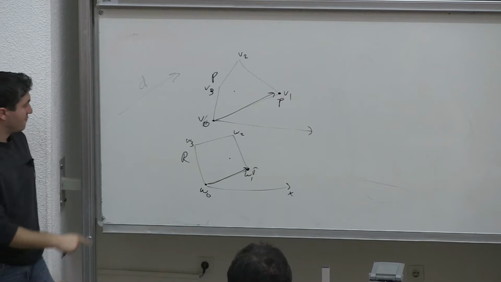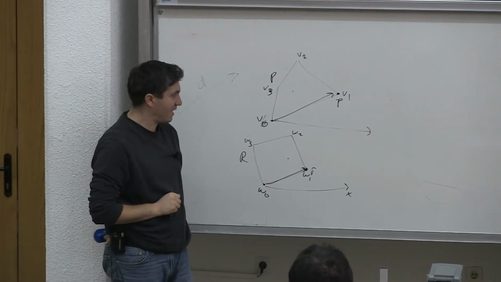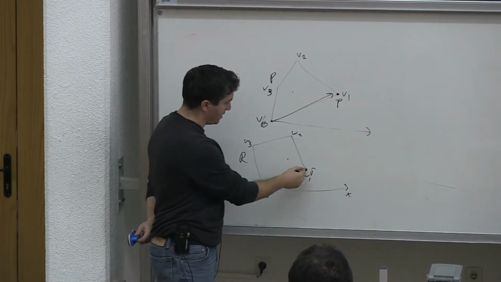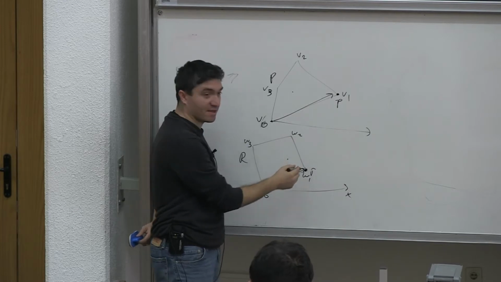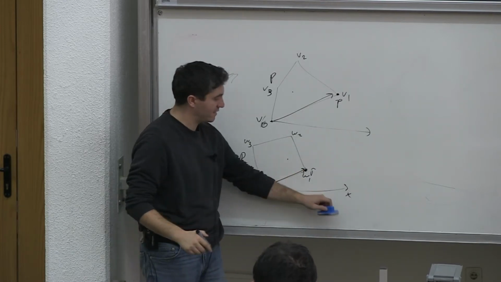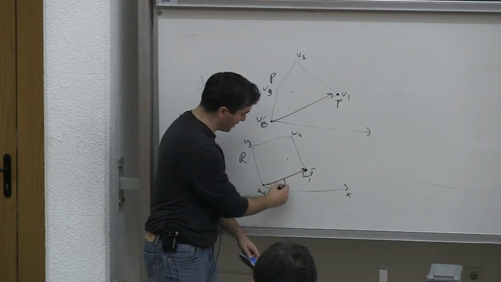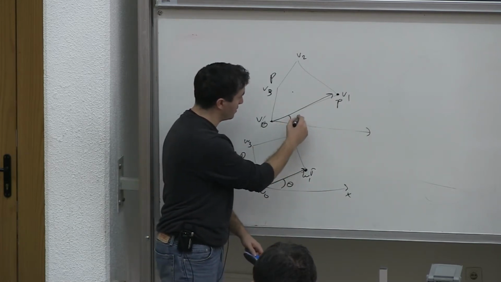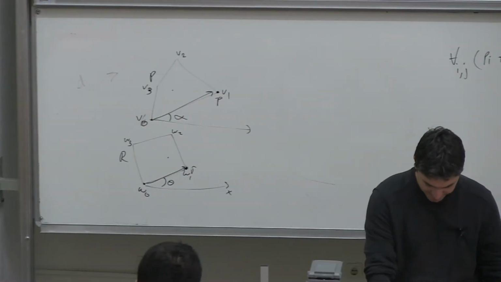Whichever is smaller tells us which one to advance. We are just rotating these lines one by one, comparing these two angles, alpha and theta.